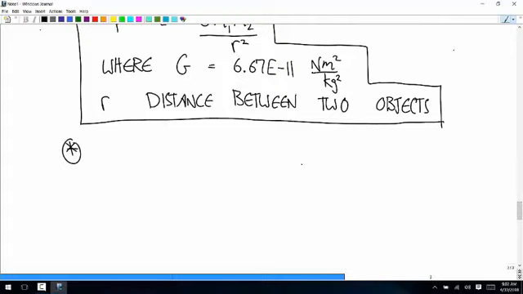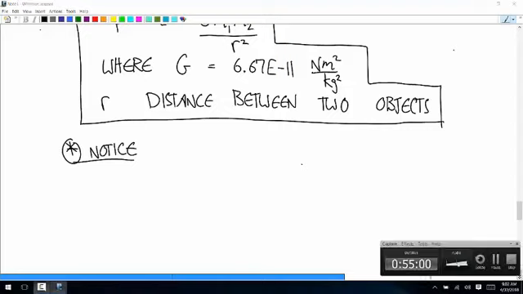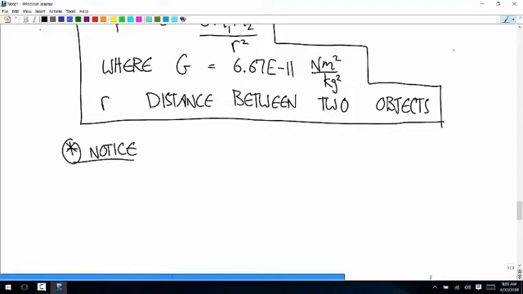Okay, so here's a couple things to notice about this. Yeah, times 10 to the negative 11. Right, exactly.